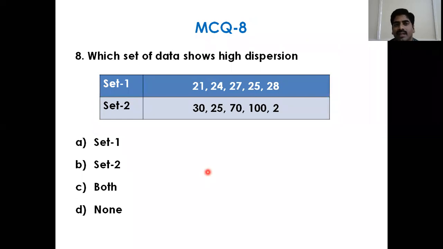And question number 8, which set of data shows high dispersion? So set 1, these are the observations, and set 2, these are the observations. By seeing these observations, you can answer this question, which set of data shows high dispersion?